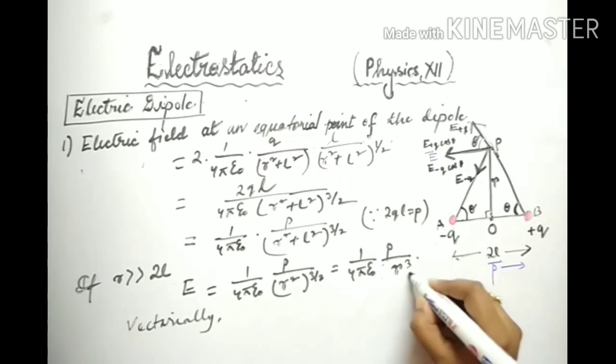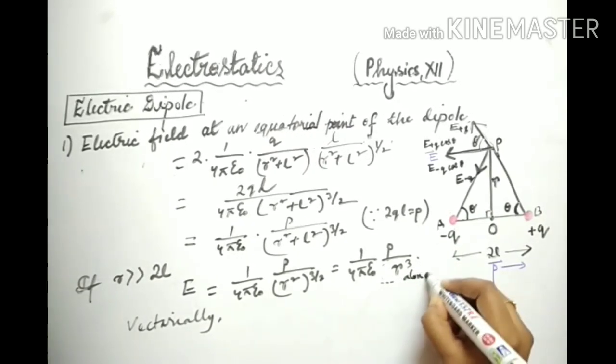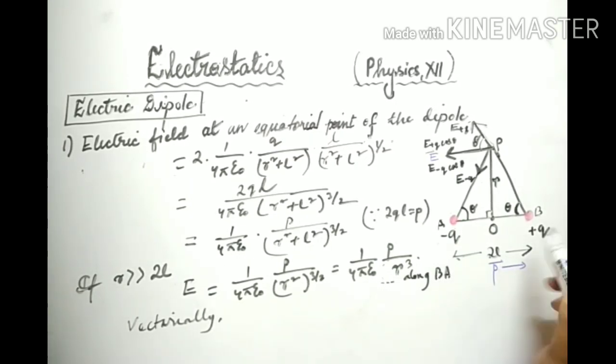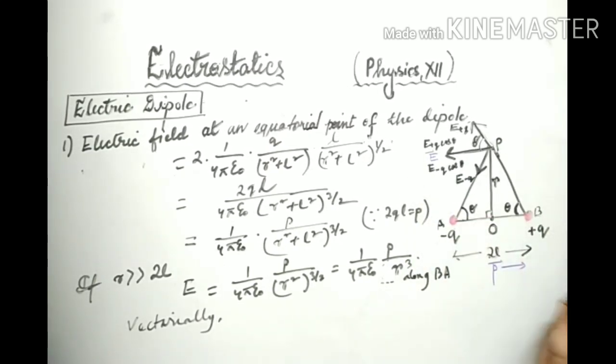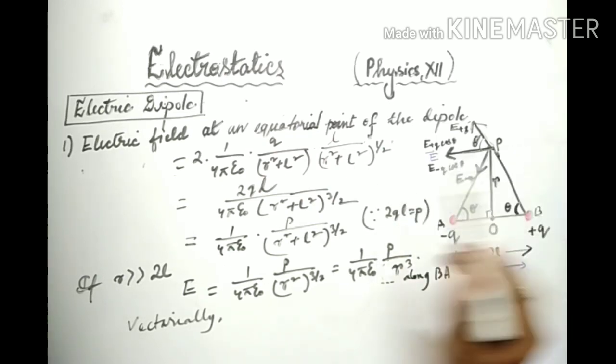so this is along which direction? You can write it as along BA, because BA means from the side B towards the side A, that is from right towards the left side.